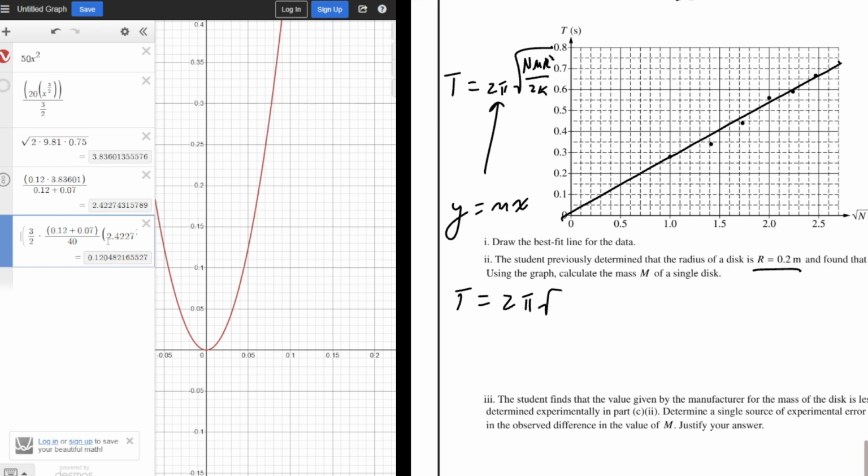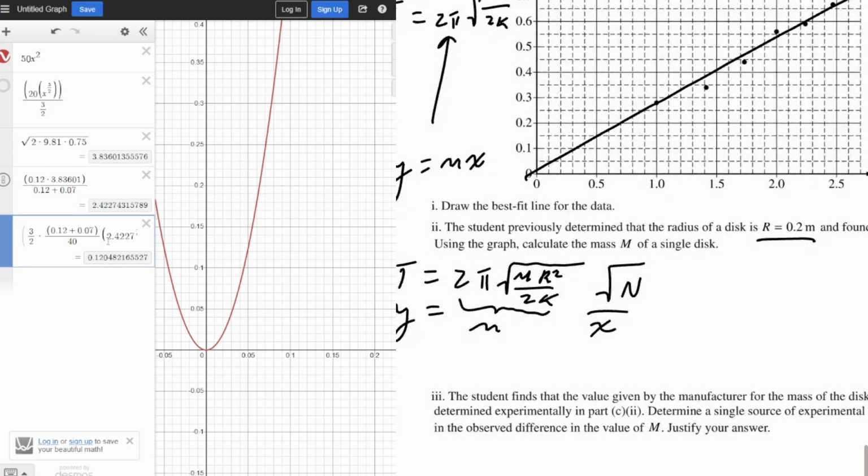So I'm going to take out square root n from everything else. So it's going to become the square root of mr squared over 2 kappa, and then root n. And we're going to realize this is my y. This entire thing is my m, and this is my x, right? Since our m is our slope, we're going to pull our slope from our graph, but we have to make that statement.